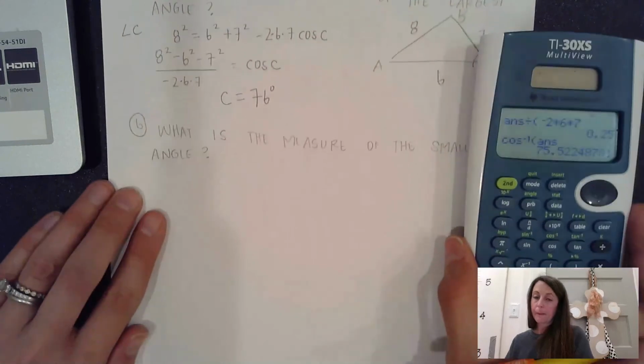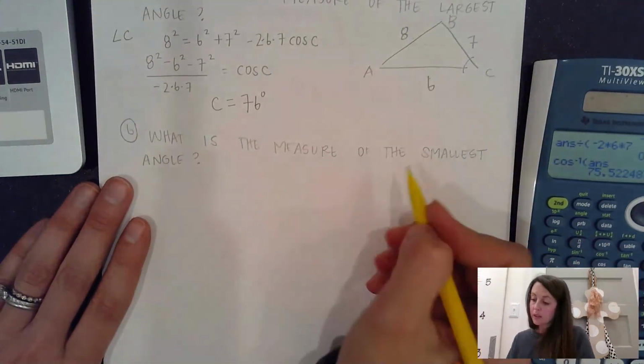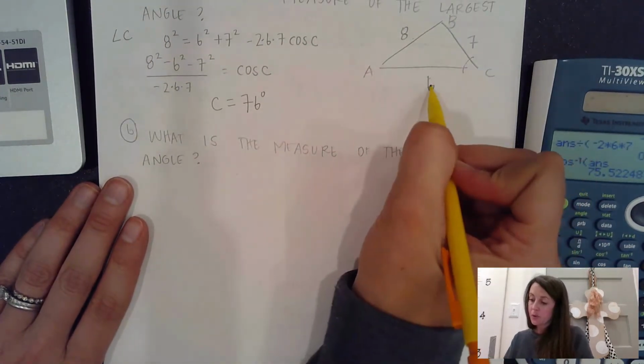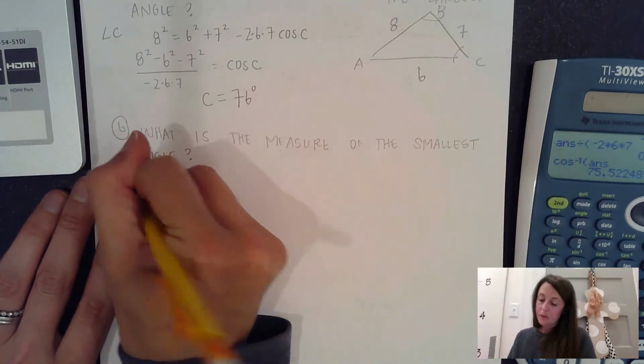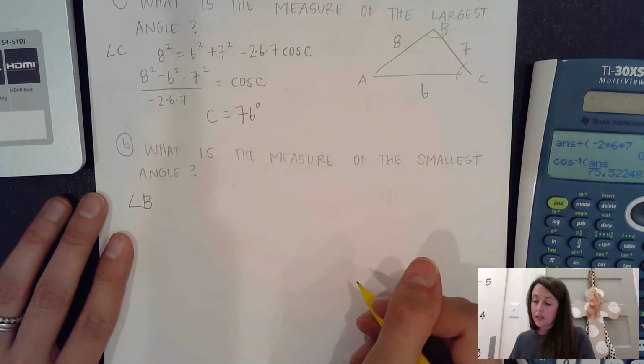Okay. So the smallest angle is going to be across from the smallest side. So angle B is going to be my smallest angle.